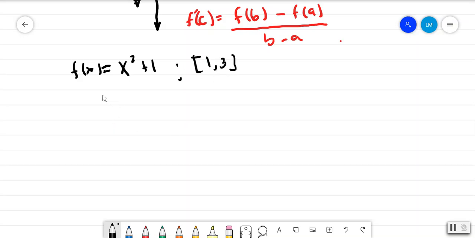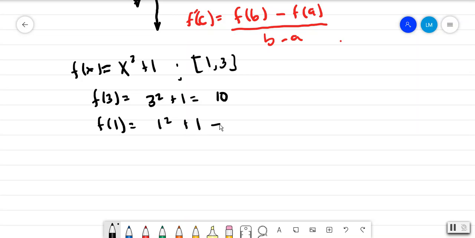Okay, well, we can calculate f of 3, which is 3 squared plus 1, which is just 10. We can also calculate f of 1, which is 1 plus 1, which is just 2. Now, of course, the derivative is equal to 2x. Okay, that wasn't too bad.